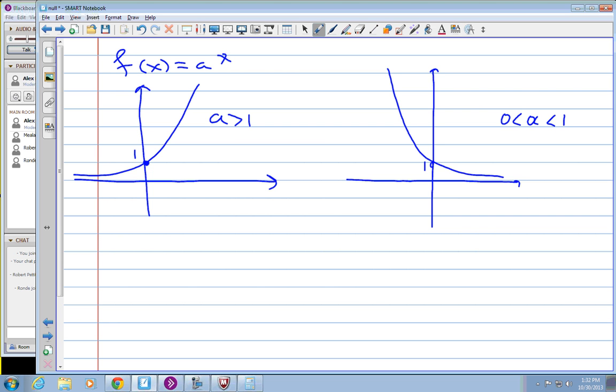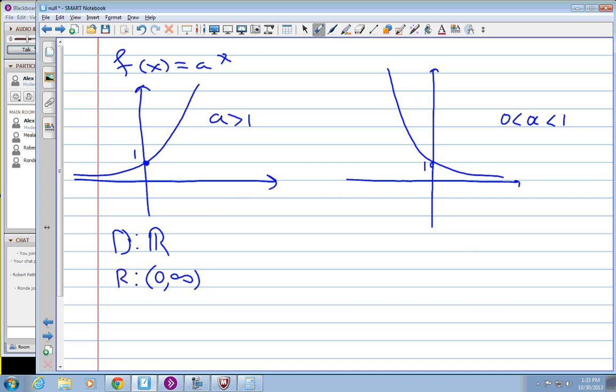Now, for both of those graphs, we can answer the following questions. The domain is just all real numbers. You can use any values for x to plug them in. Now, what about the range? What is the range of these functions, just by looking at the graph? Positive numbers, so from 0 to infinity, not including 0.